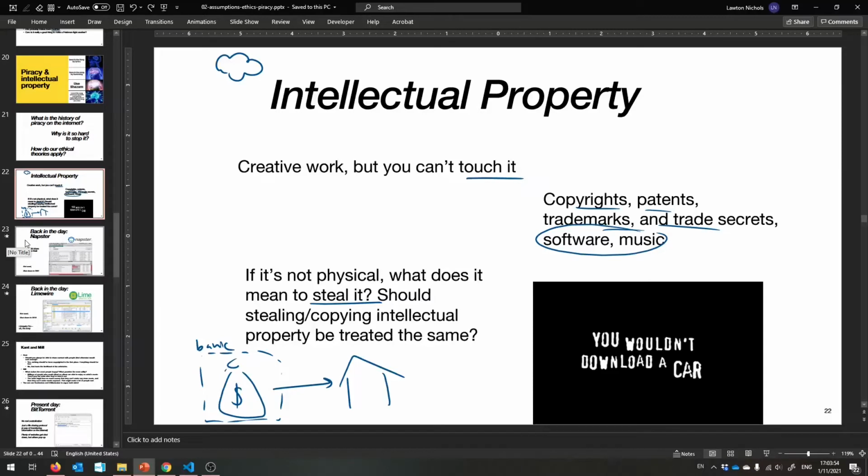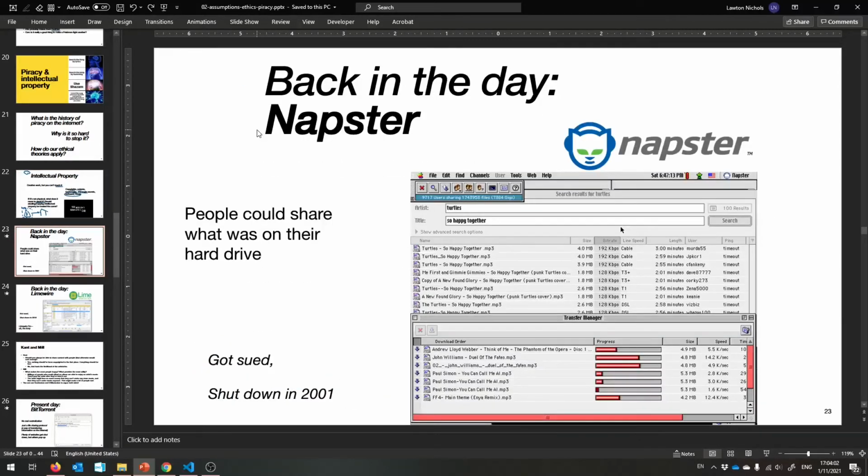Okay, so that's intellectual property. Let's talk about how things have been stolen in the past and how they are being stolen today. Back in the day, there was this thing called Napster. You might have heard about it. It was like the original file sharing service, one of the most popular ones originally.